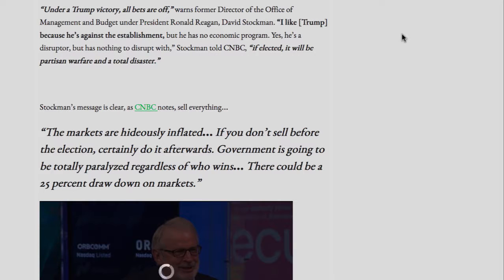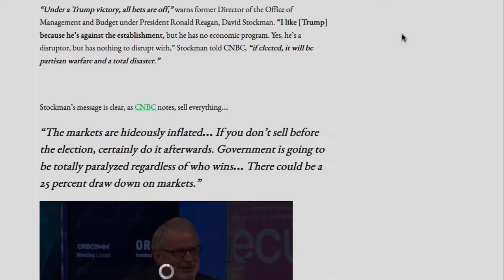Under a Trump victory, all bets are off, warns former director of the Office of Management and Budget under President Ronald Reagan, David Stockman. "I like Trump because he's against the establishment, but he has no economic program. Yes, he's a disruptor, but has nothing to disrupt with," Stockman told CNBC.